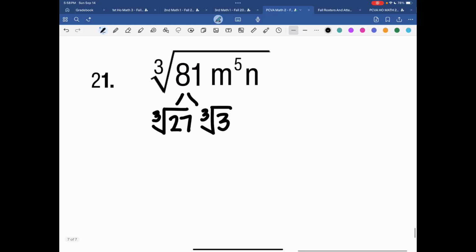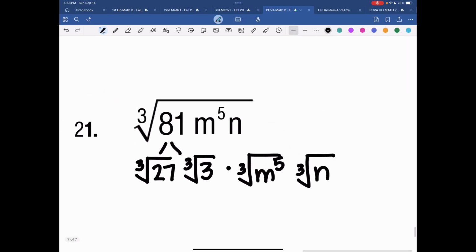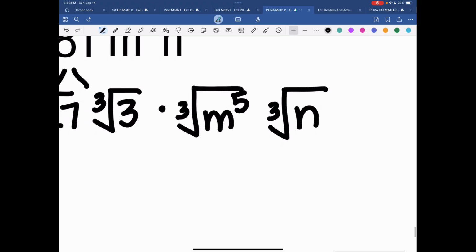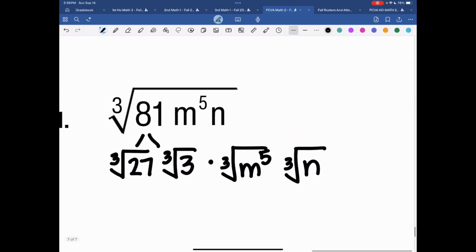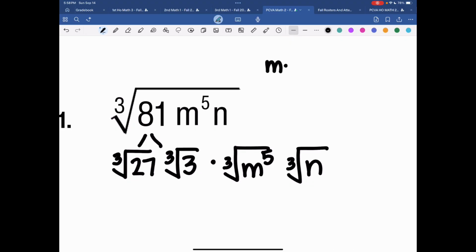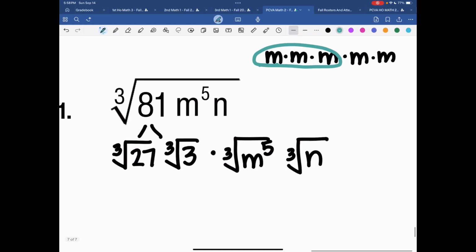Now, essentially what we're doing is we're going to say the cube root of m to the 5th and the cube root of n. When I'm looking at this, I need to be able to group it into 3. So the only way that I can divide 3 into 5 means I would have m times m times m times m times m. I would only be able to make one group of 3 because there would be 2 left over.